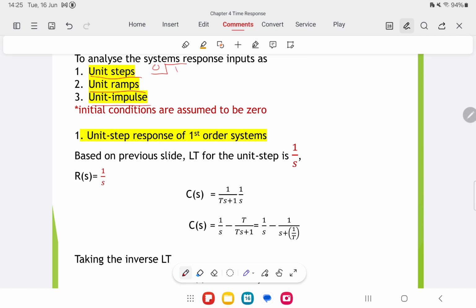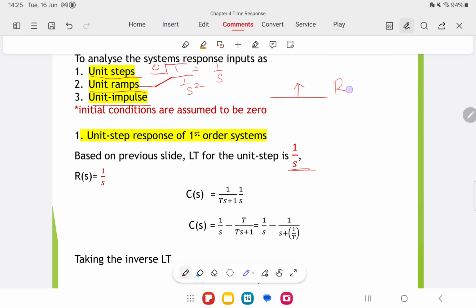So that is unit step, which is 1 over S. Unit ramp is when we have a slope, so for a slope it is 1 over S squared. And unit impulse is when we have a magnitude only at a certain period of time, at one moment only. So that is unit impulse.